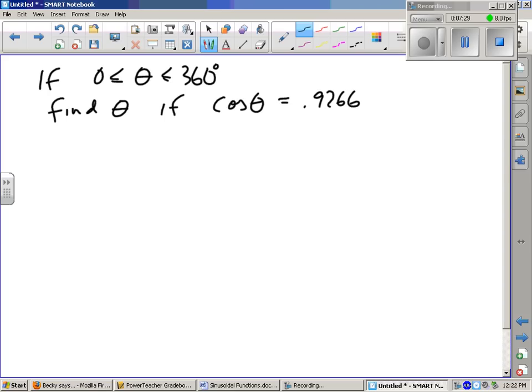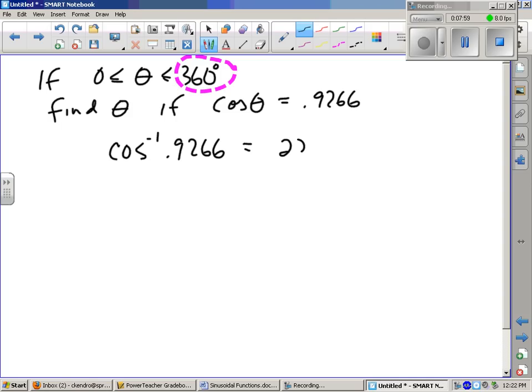All right, first of all, are we in the degree mode or are we in the radian mode? Look for the clues. Your clue is right here. That's going to tell you what mode you're in. So keep your calculator in degrees, and then you need to do the inverse cosine button. So second function, inverse cosine of 0.9266. Do that on there and see what you get.